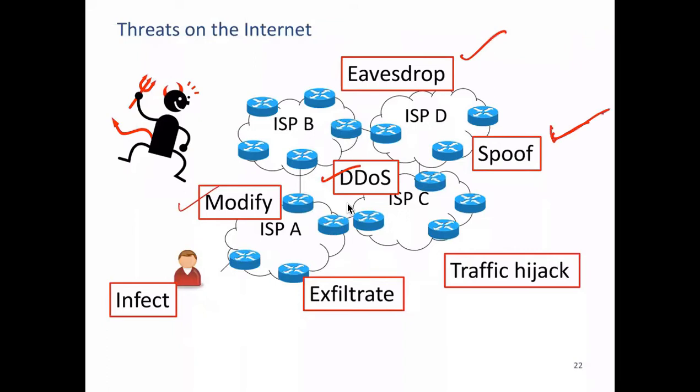In spoofing, you change the source IP address or something like that. Modify is that you receive a packet and then modify the contents, like a man-in-the-middle attack, right? You can in fact insert viruses in the packet.